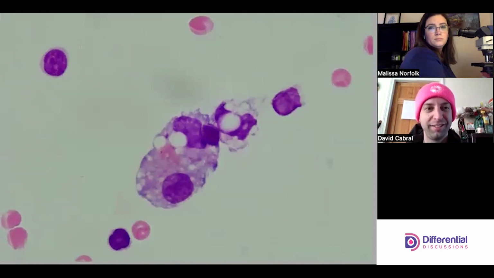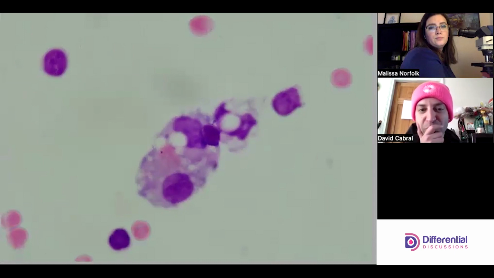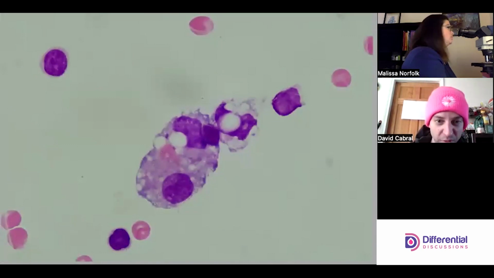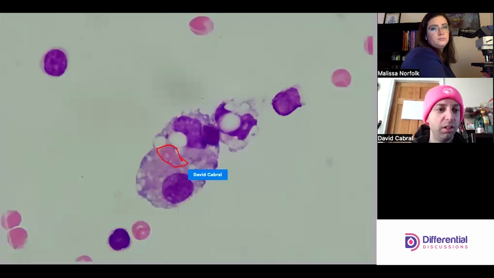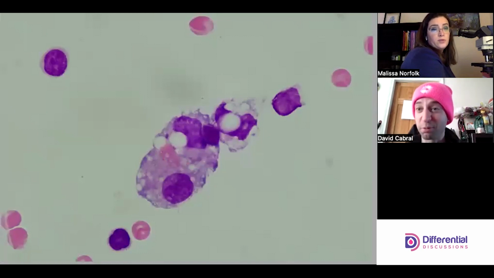So monomacs, right? And a couple of lymphs just hanging out. And oh, there's a dead red cell in there, huh? Cool, the cleanup crew.